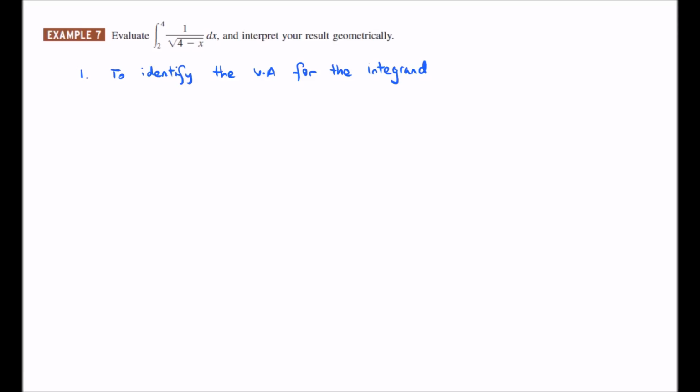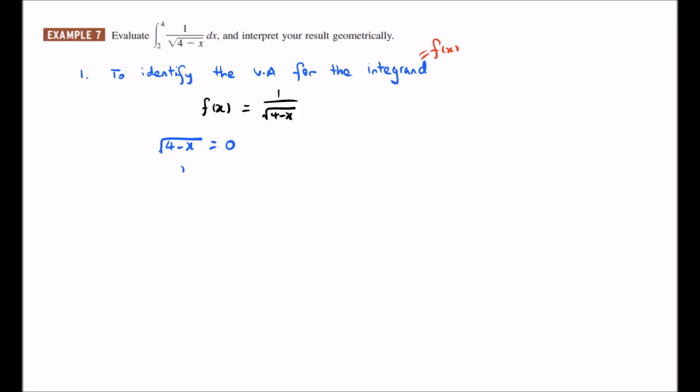Usually we call it f(x), so integrand is your f(x). Let's say f(x) equals 1 over square root of 4 minus x. To find the vertical asymptote, you will solve. A vertical asymptote occurs when the denominator is 0, so you say square root of 4 minus x equals 0.